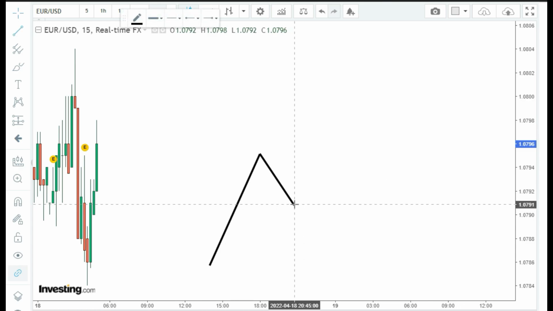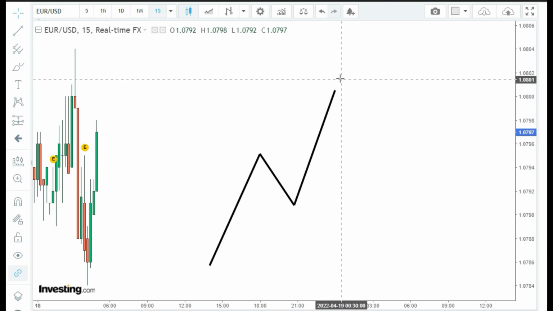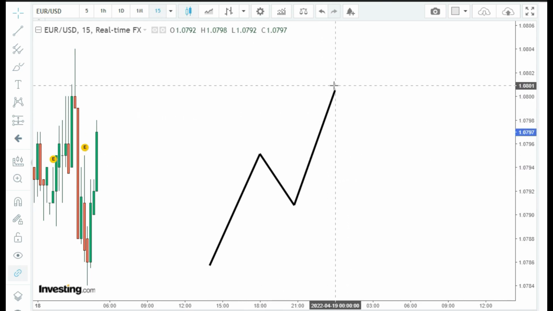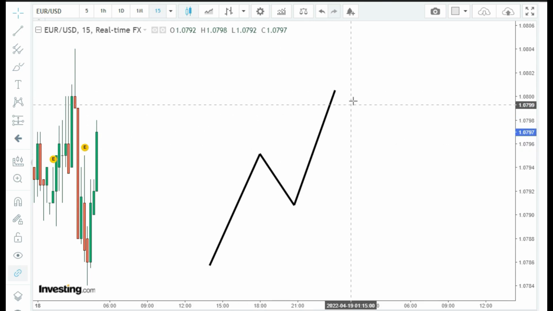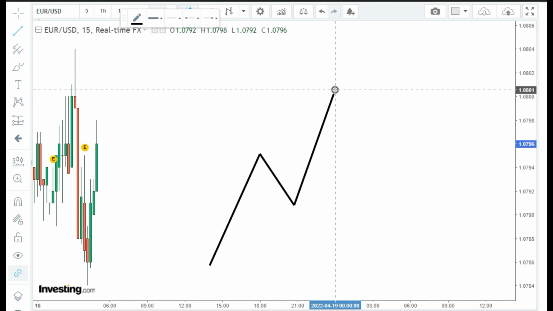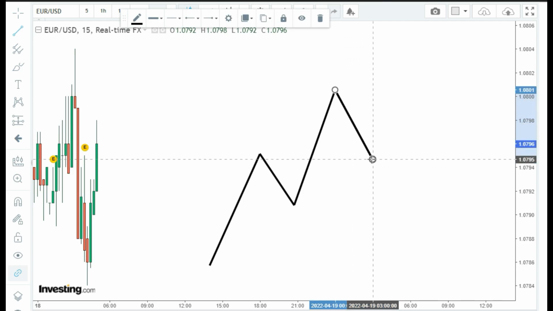Now the market will again take a run and create the next high. Now if this point is higher than the previous high, we will call it a higher high. After creating a higher high, the market needs to take some rest, or it has to retrace back.